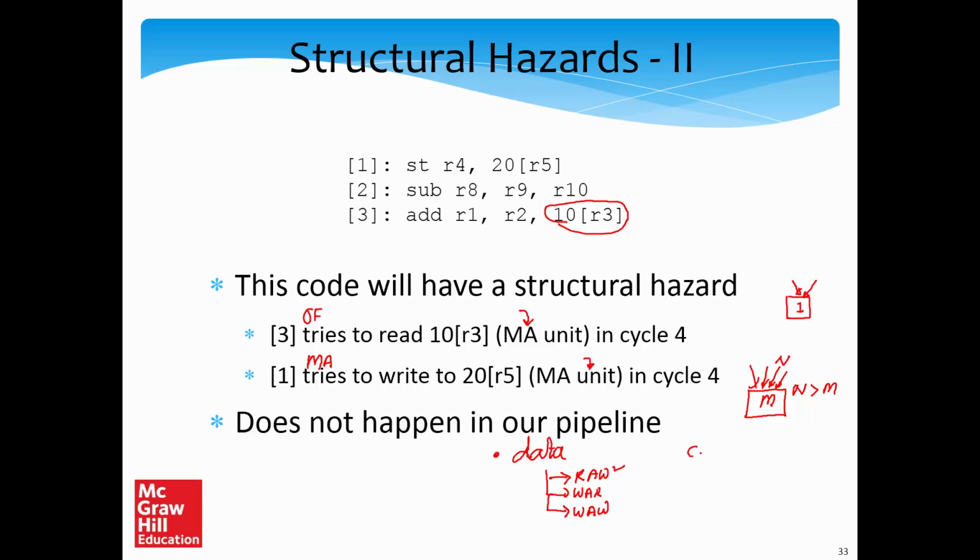Then we have control hazards, and control hazards can definitely happen in our pipeline. And we have structural hazards, which will not happen in our pipeline. Given that we now have an idea of what the hazards are, let's look for solutions to take care of RAW and control hazards. This will be part of the next lecture. So the current lecture will end at this point.